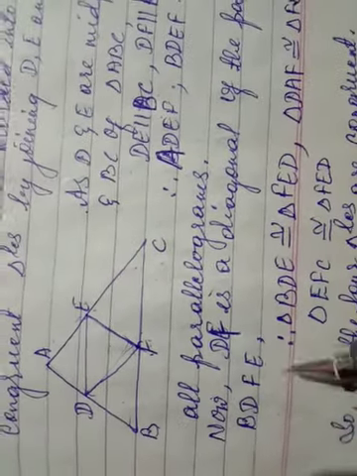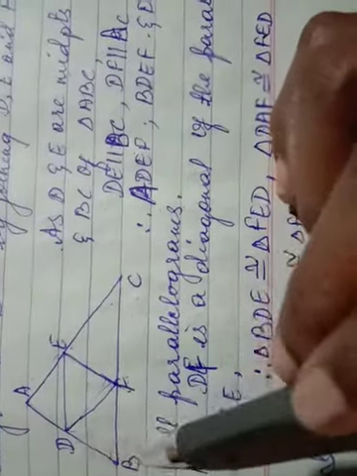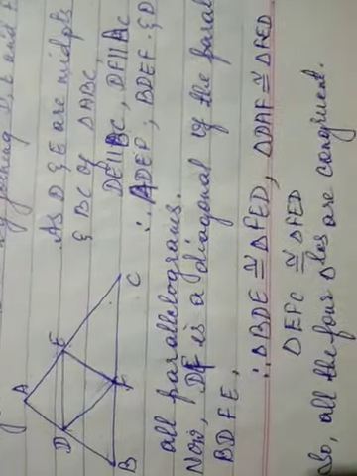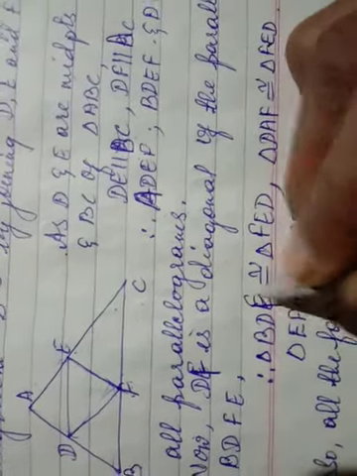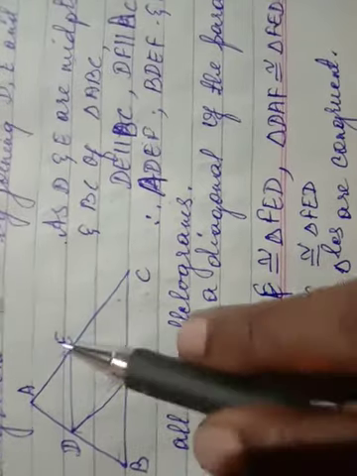Now BDFE. Now therefore triangle BDF is congruent to FED.